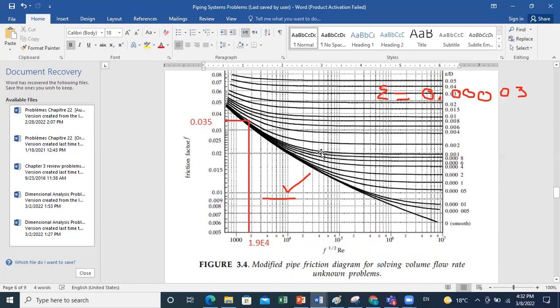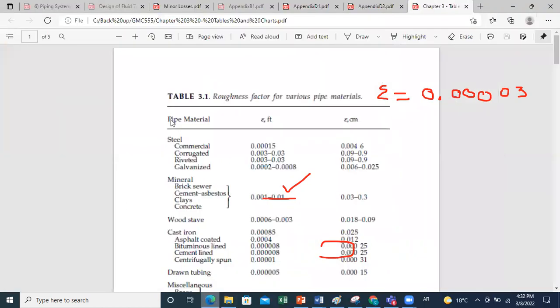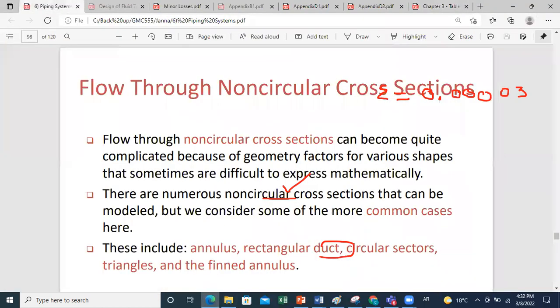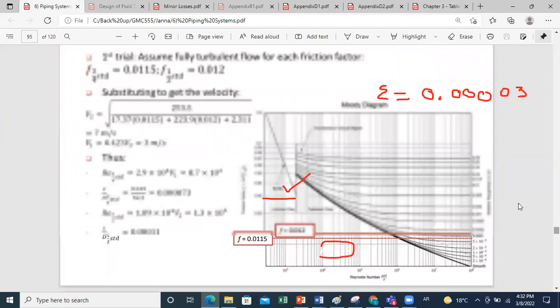In this modified Moody diagram, I have Reynolds times the square root of f, which is not my case. So let me go to the conventional Moody diagram. I can find it here in the course material somewhere. This, for example, is a Moody chart.